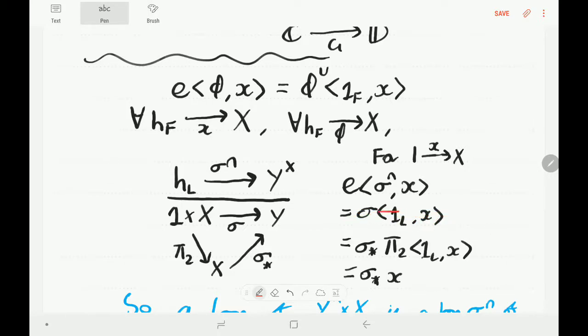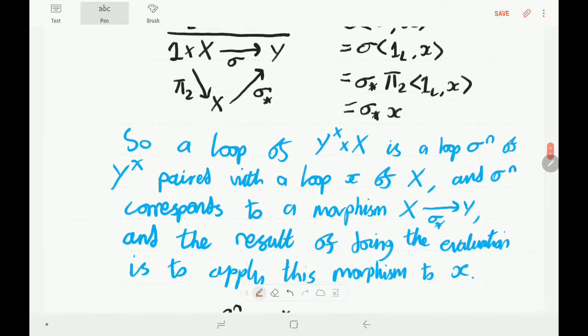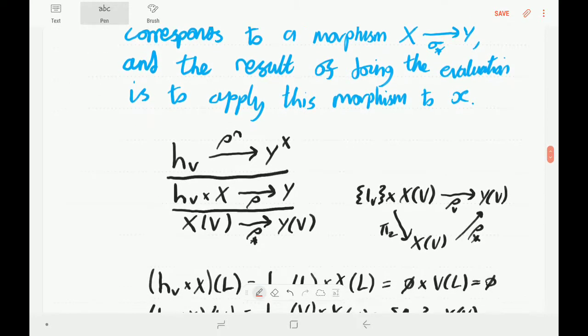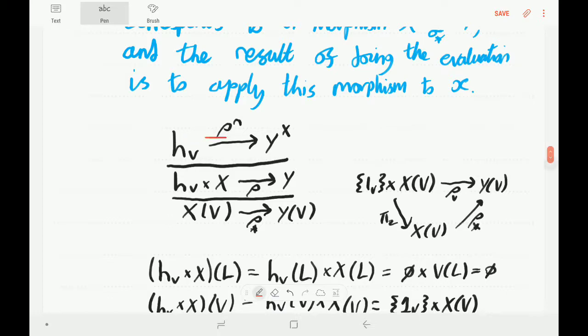So basically, we're just applying this x to y function on x. We're just seeing how the loops map. So it's the standard kind of idea in exponential objects. The elements from the exponential objects correspond to functions. They get paired with objects to operate on, and the evaluation function just actually operates. On vertices, it's very similar.